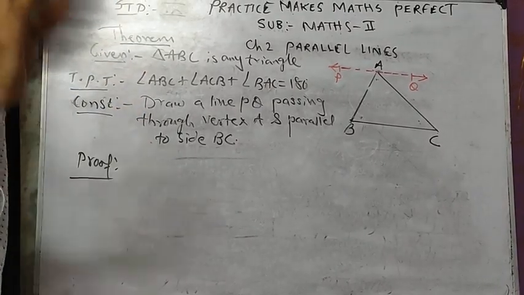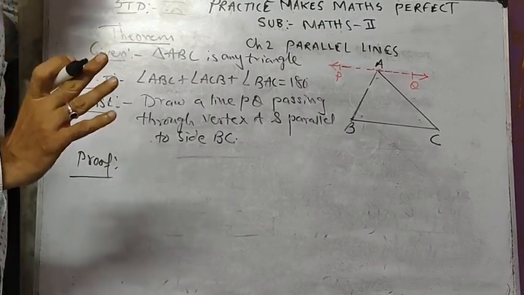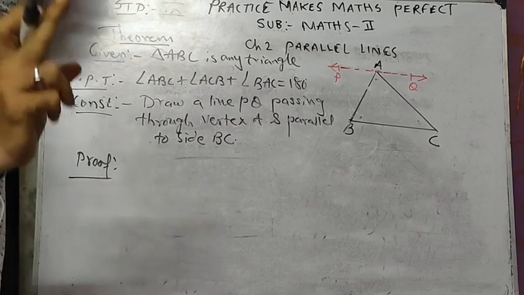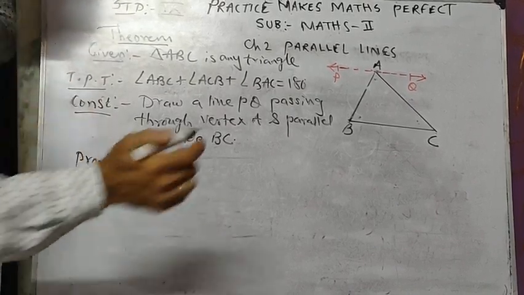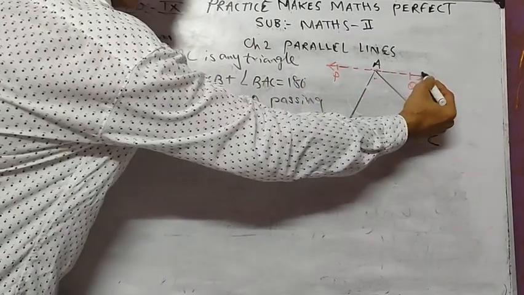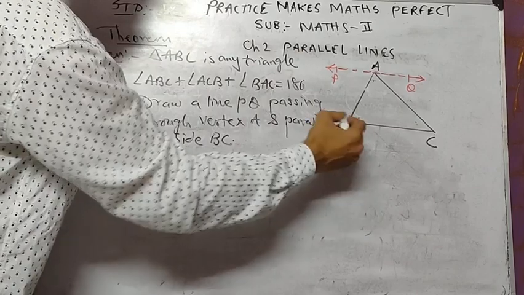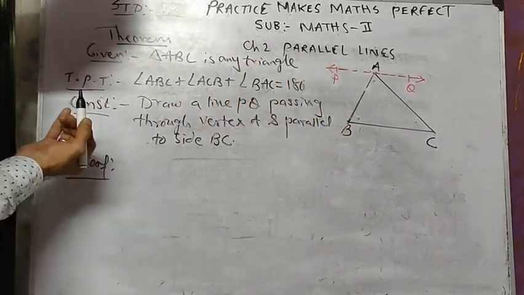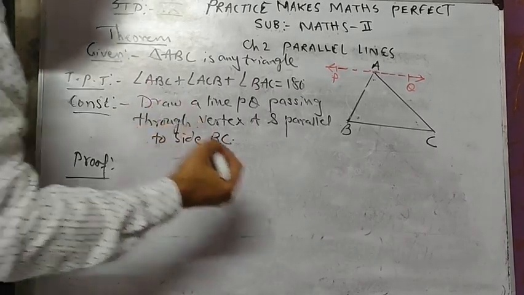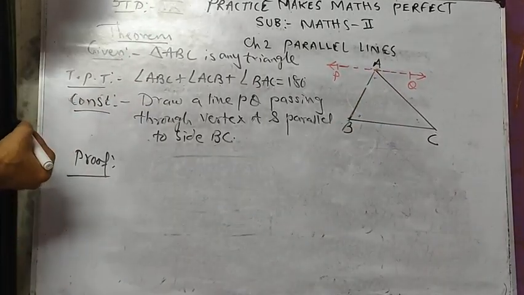Now in the theorem, pay attention, we will take the help of alternate angles two times. You know that line PQ is parallel to line BC, and you can consider this as a line also. Now this line AB is a transversal.